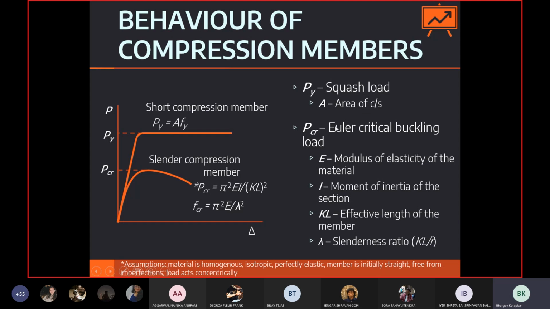Now, Euler is the scientist who gave this formulation, and therefore it is named after him. So let us look at what this formula says. The critical buckling load PCR is pi square EI upon KL square. Do you remotely remember ever having heard of this formula before?